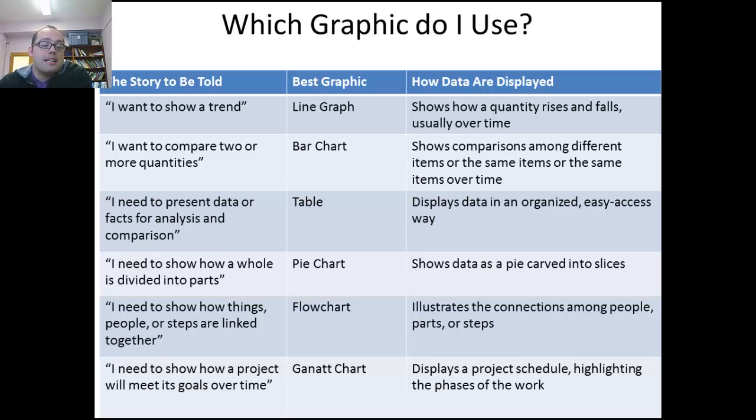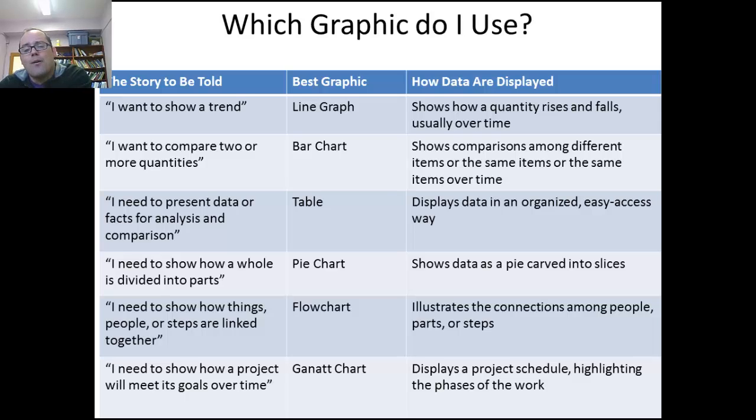If you want to present data or facts for analysis and comparison, a table is going to be great. And tables are great because they're incredibly organized, easy to read, and allow the reader to go through the information presented and select some things out. You can also do some things in tables to really highlight the information as well. And once again, Excel, as we'll go through, has some great ways to do that.